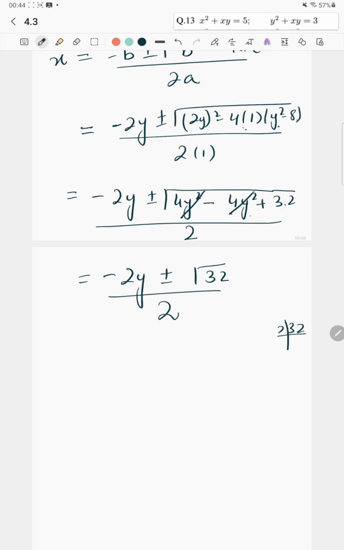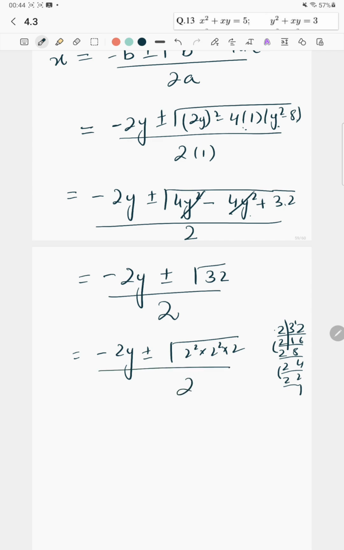So 32 factorizes as 2 times 16, 16 is 2 times 8, 8 is 2 times 4, 4 is 2 times 2. So it's minus 2y plus minus square root of 2 square times 2 square times 2, divided by 2. We factorize 32 and get five 2's.